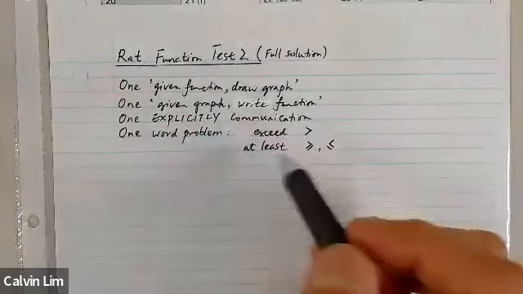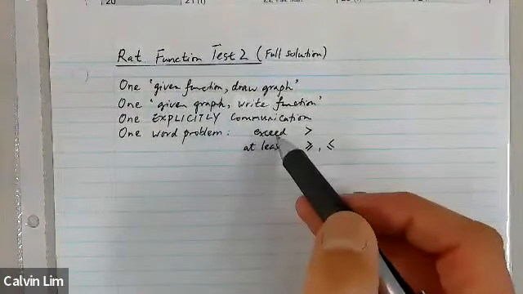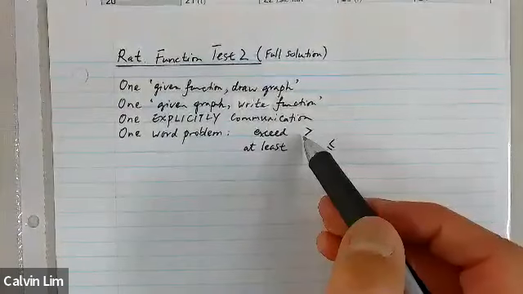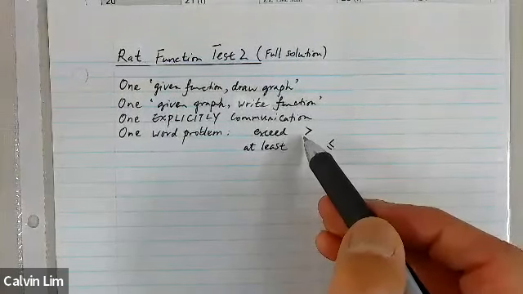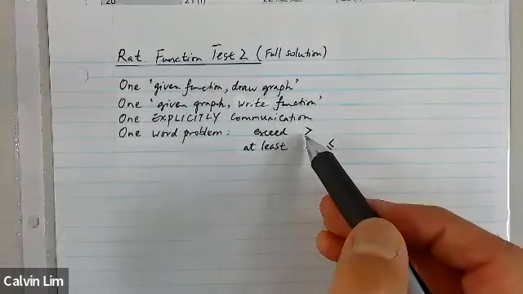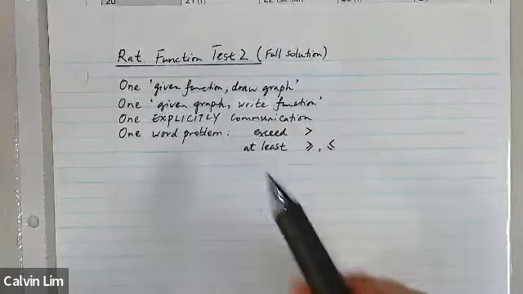So word problem. When you see keywords like exceed, it implies greater than. It does not include equal. Exceed has to be greater than, or less than if it's more explicitly worded.